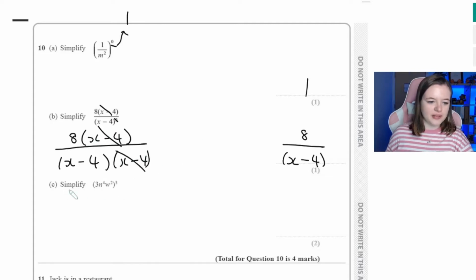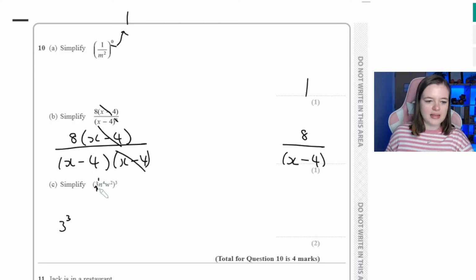And then simplify 3n to the 4 w squared all to the power of 3. Another rule of indices, power of a power is power times power. This is when it's outside the bracket, is power of power. So in this case, we're going to raise all the things that are power in here, times all the powers by 3. So this 3 here, that's inside the bracket, that's currently power of 1. So we're going to do 1 times 3, which is 3. It's not got a power there, it means it's power of 1.